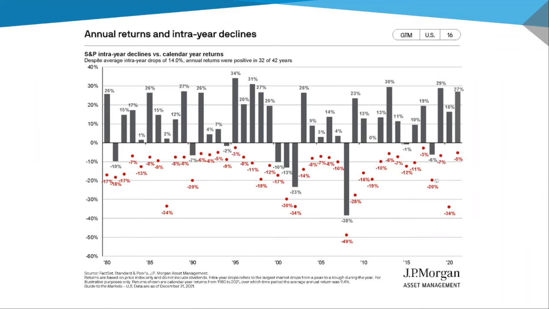That intra-year drawdown is the red dot, and the gray bars represent the price-only return for that given year. So large drawdowns, drops in any given year, are pretty normal. In fact, the average over that period was 14%, while 32 of those 40 years were still positive.